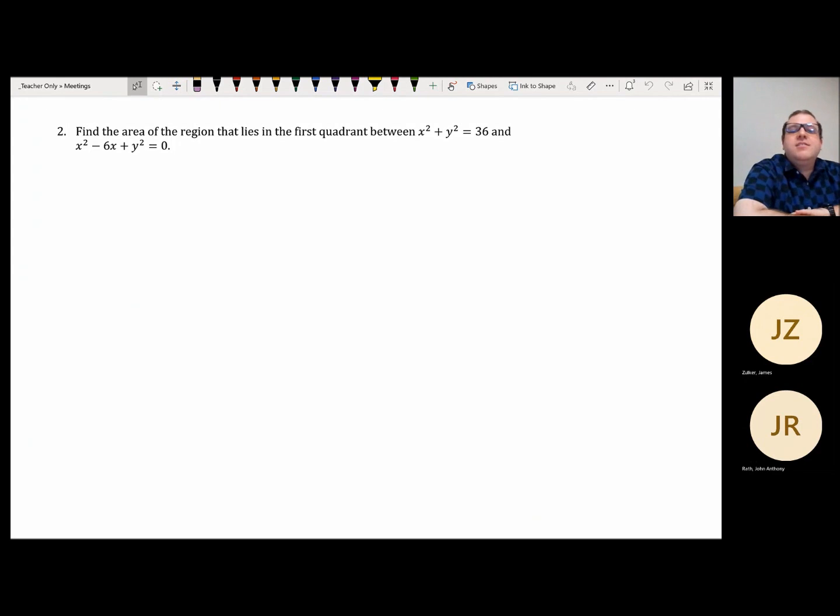Find the area of the region that lies in the first quadrant between x squared plus y squared equals 36 and x squared minus 6x plus y squared equals 0.